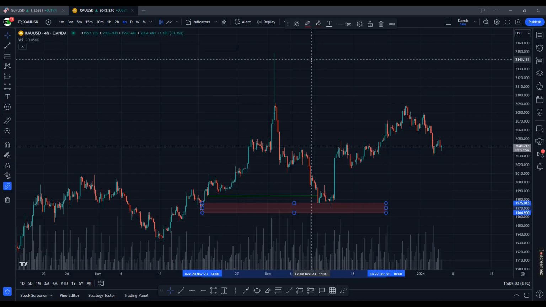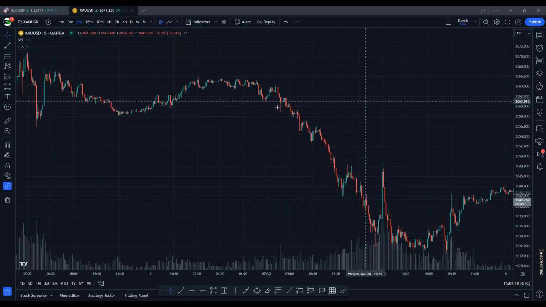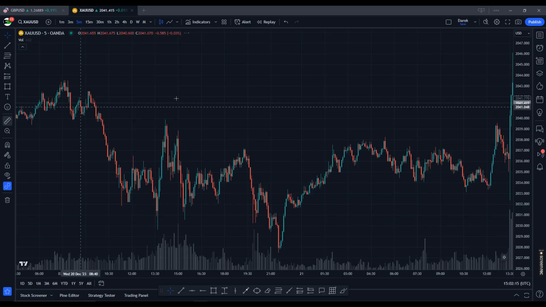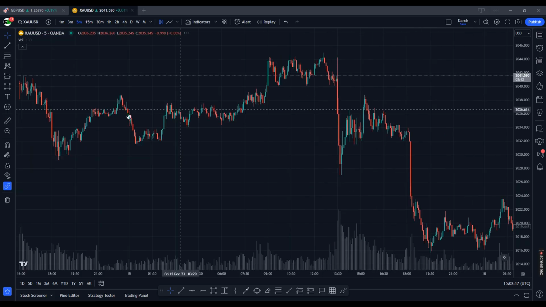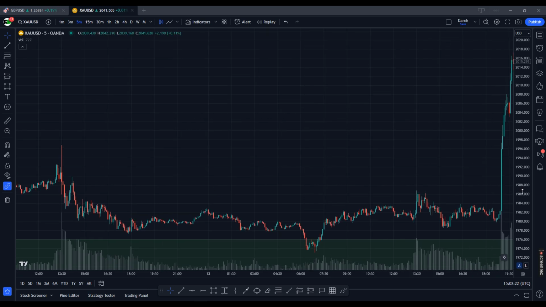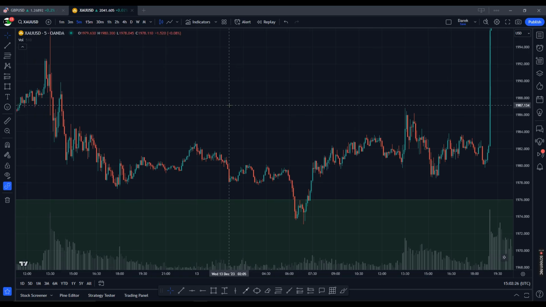Let's zoom in now. We can see there was a massive accumulation of orders here, and as the volume cooled down, we got a final sweep of liquidity and we saw the bullish momentum come in.